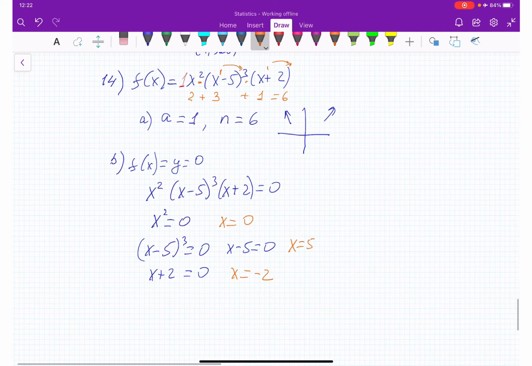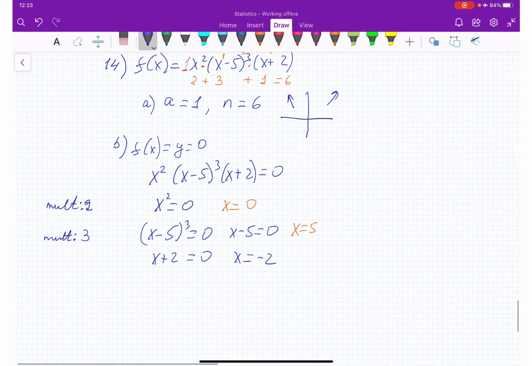Okay. Now let's figure out multiplicity. For x squared, multiplicity is 2, which means it's going to turn at the point of 0, right? For (x minus 5) cubed, multiplicity is 3, which means it's going to cross through the point.